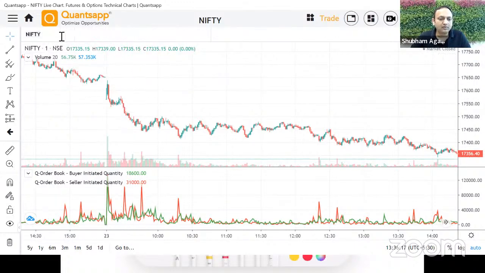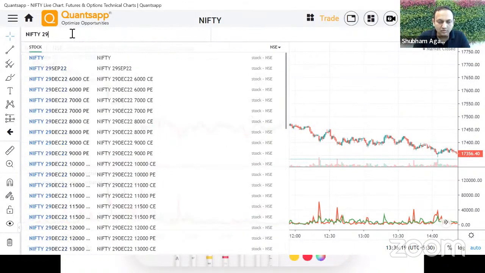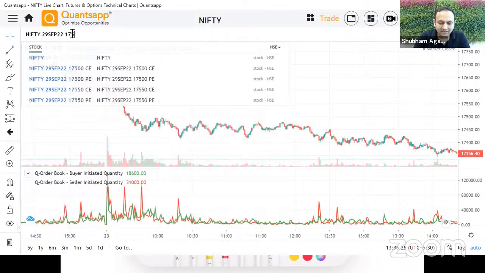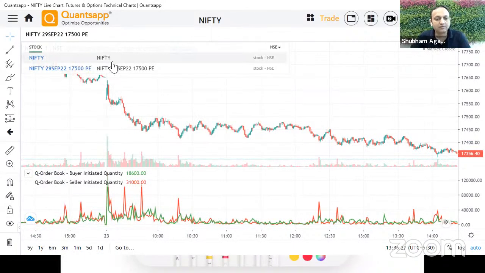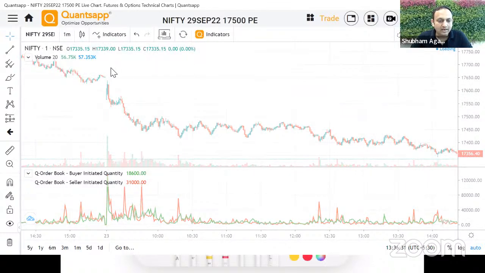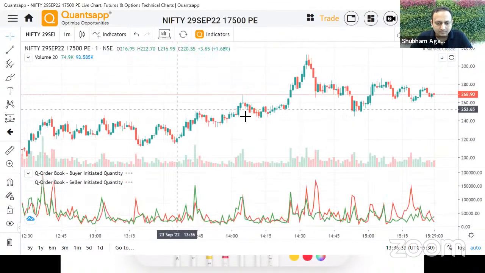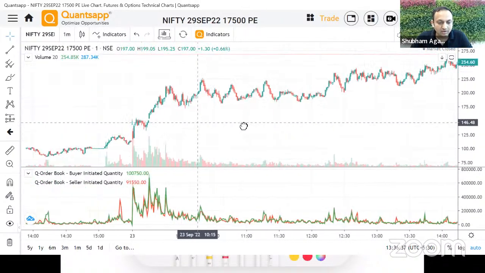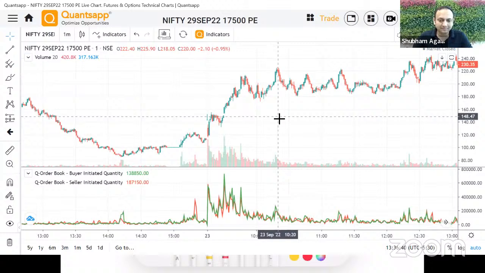So maybe I can also look at how the option is placed. I'll type the expiry, 29 September 22, 17,500 put is what I am interested in buying on that sell signal. So I'll go and plot that put option. You can do the same thing on the put option prices also. Now notice this time I'm buying a put option.